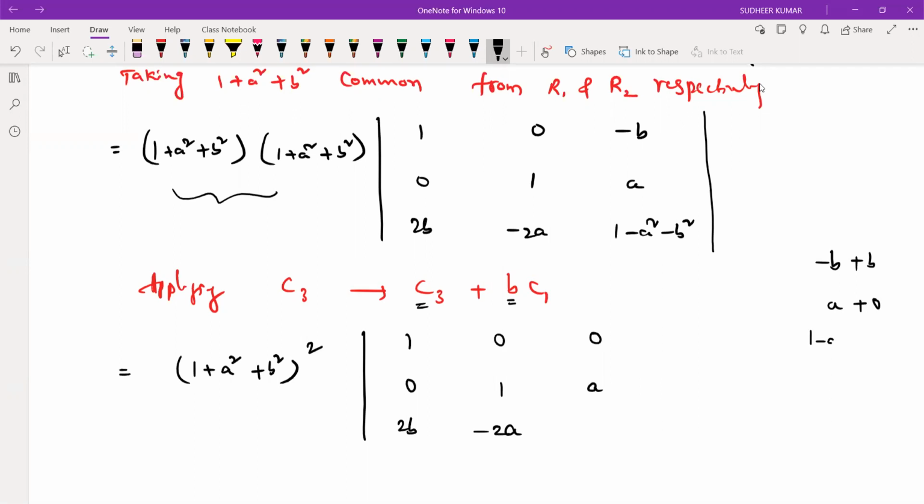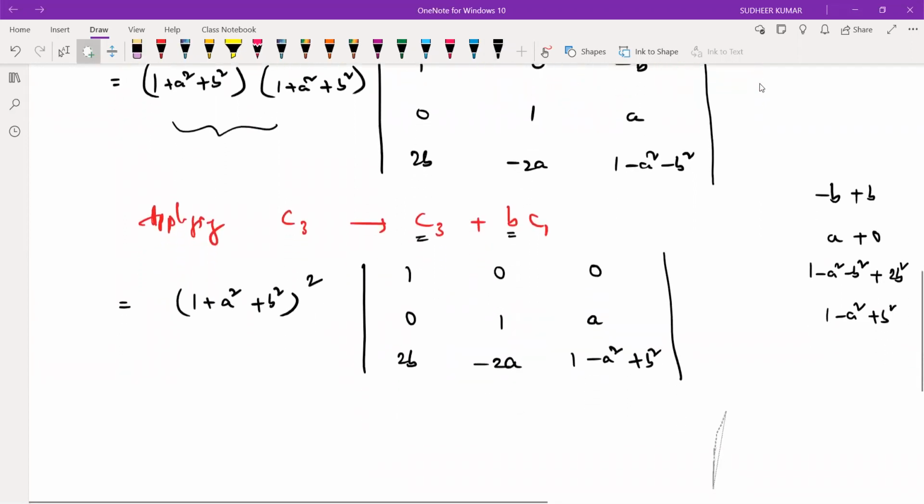And the next one is 1 minus a square minus b square plus 2b into b, 2b square. So it is nothing but 1 minus a square plus b square.